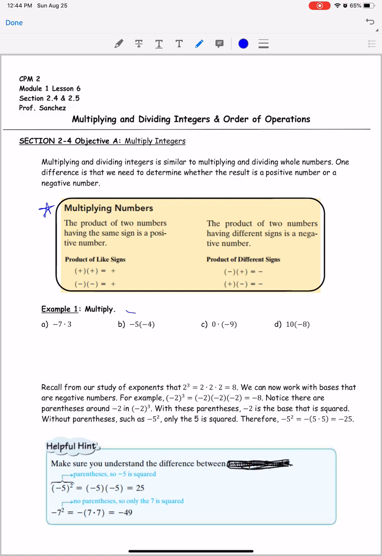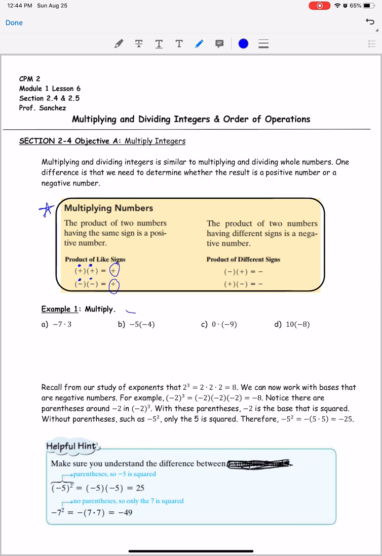What is confusing about integer rules is that adding and subtracting integer rules are completely different than your multiplying and dividing integer rules. When you are multiplying and dividing, if they have the same sign, whether it's positive and positive or negative and negative, it does not matter. It's always going to come out positive.